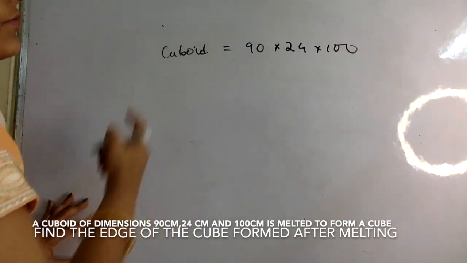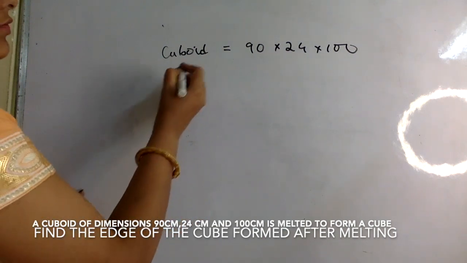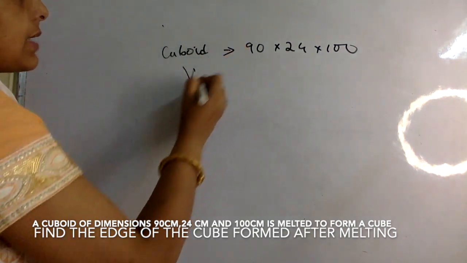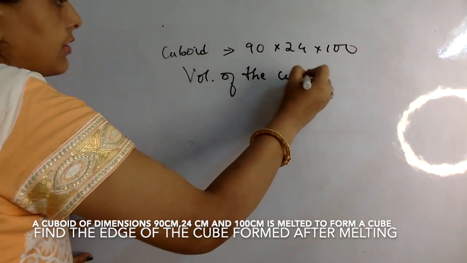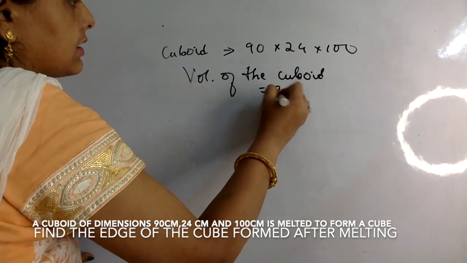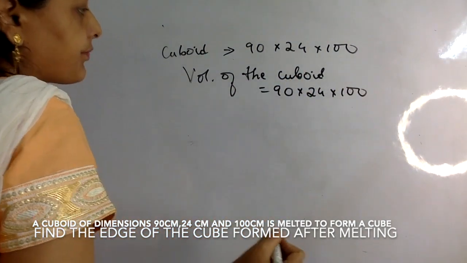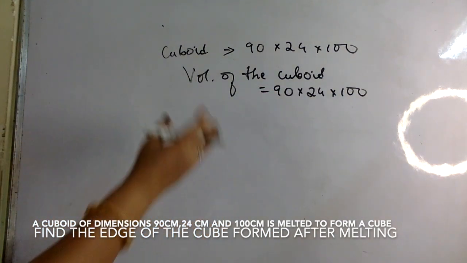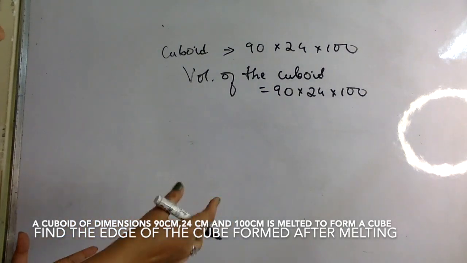Now the volume of the cuboid is 90 into 24 into 100. The same volume, because the material remains the same when you melt this and make it into a cube. So the material is the same, meaning the volume is the same.